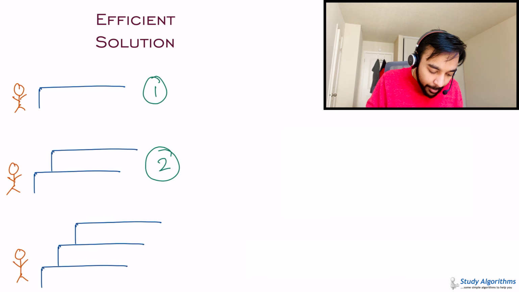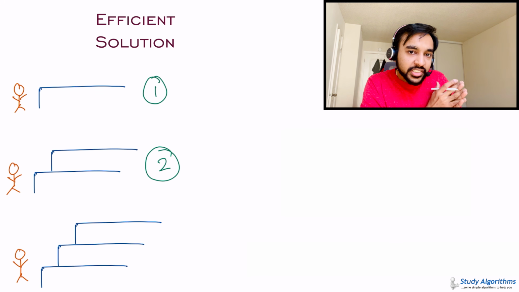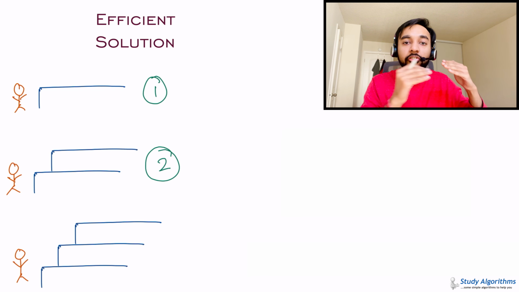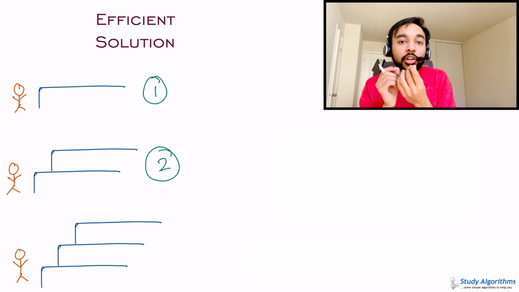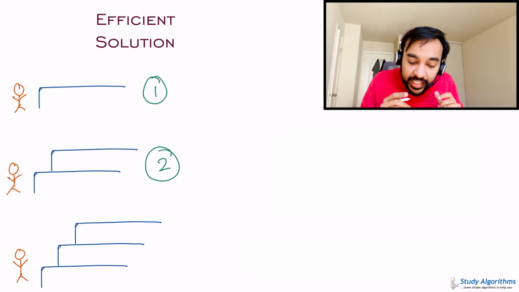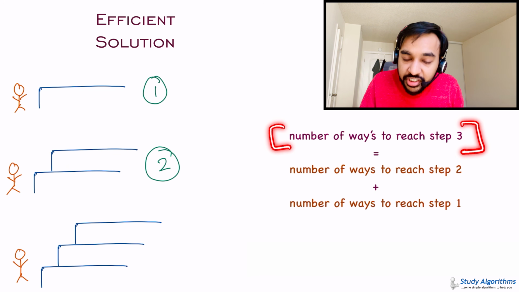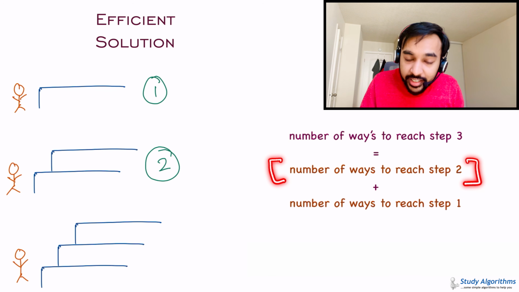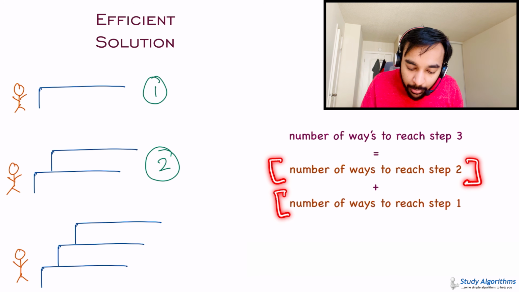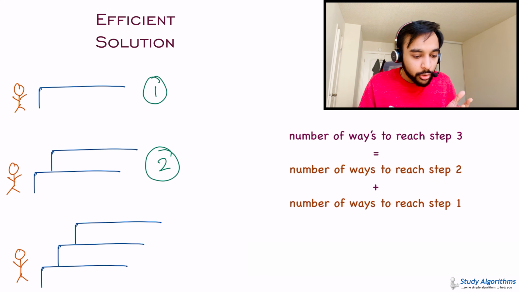Similarly, what happens if you have three stairs to climb? Based upon our previous idea that if you have to reach step 7, that would be the total number of ways you can reach step 6 plus the total number of ways you can reach step 5, I can derive a similar formula. The total number of ways to reach step 3 will be equal to the total number of ways you can reach step 2 plus the total number of ways you can reach step 1. Now, what are the values that you know?